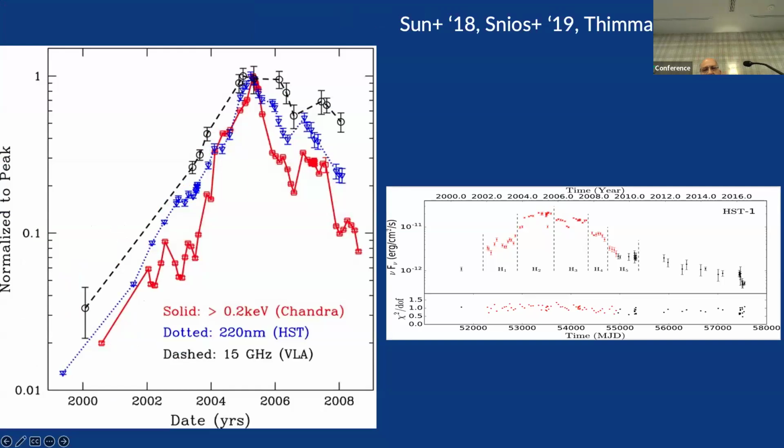I particularly like not just the flare, which all comes from Dan Harris's work, but if you focus in on the figure to the right, that is the cumulative effect of 20 years worth of Chandra observations. It's from Sun's paper. You can see that HST-1 didn't just have that flare. It was varying for a very long time and in a really dramatic way.